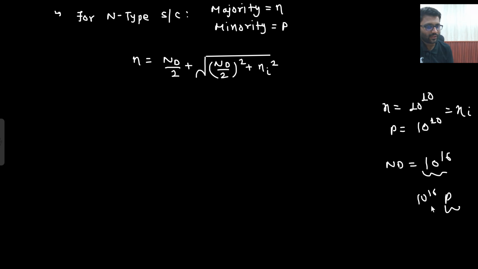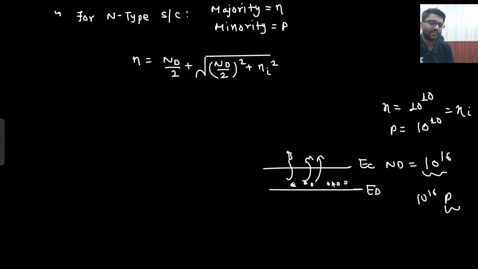And I am saying that all the phosphorus atoms will give you one electron, and all are ionized. That means this was your donor energy level and this was your conduction band. So all of these 10 to the power 16 atoms are reaching into the conduction band. This is what I am assuming. So this Nd value is much larger than Ni, right? Are you able to understand this point?